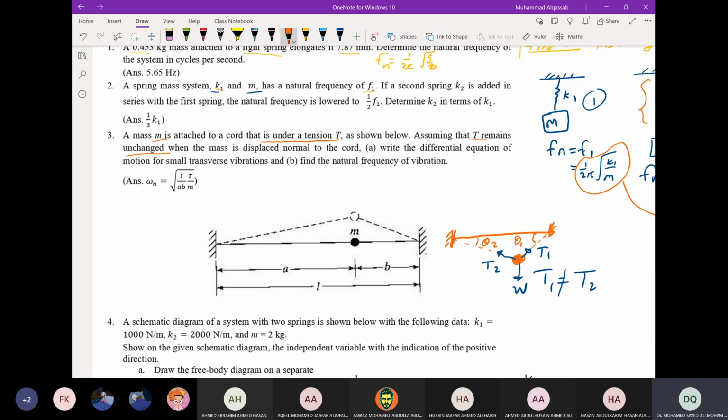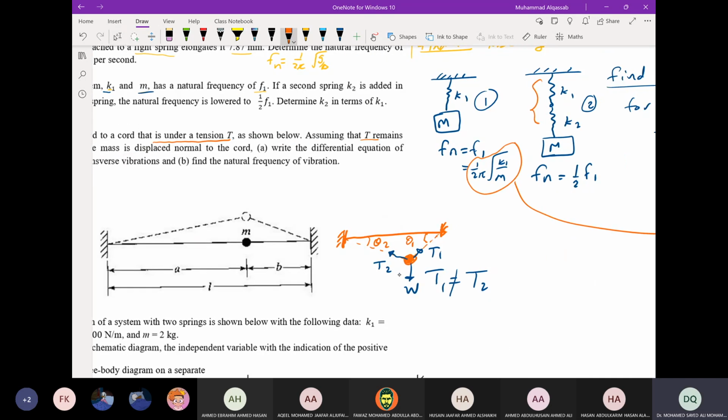Okay, we know that in vibration, theta1 and theta2 will change, so accordingly, T1 and T2 will change. But he is saying, as another assumption, that the tension is not going to be different than what it was in statics. So first of all, in statics, how do we know this assumption that the tension is the same?